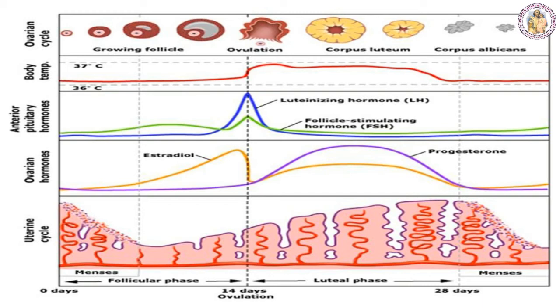These phases show simultaneous synchrony of events in both ovary and uterus. Changes in the ovary and the uterus are induced by the pituitary hormones LH and FSH. Menstruation is a periodical phenomenon that continues from puberty to menopause. This happens if a released ovum is not fertilized. The lack of menstruation generally indicates pregnancy.